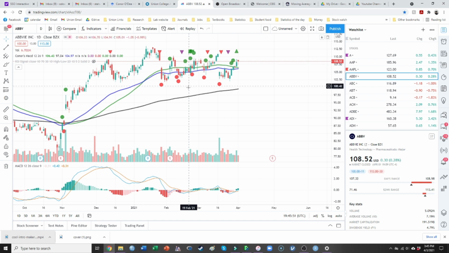But the reason that I've coded that in, the way that I've coded that green flag, is that when the MACD crosses over the signal line below zero, like I explained in my MACD video, and the price is above the 200-day exponential, and the price of the stock crosses over either the 50-day EMA, the exponential moving average, or the 50-day moving average. So when all of those things are happening all at once, then that gives me a green flag.